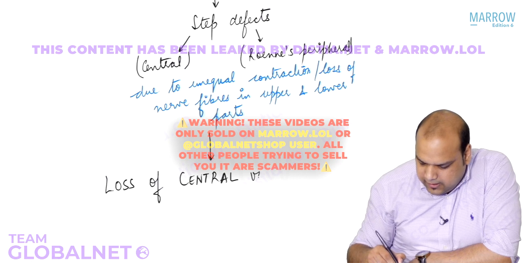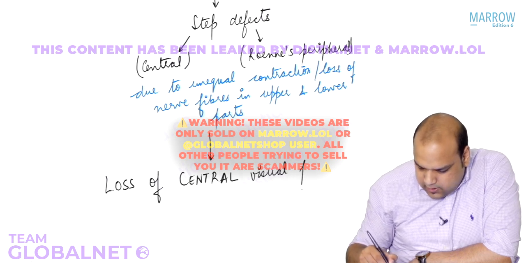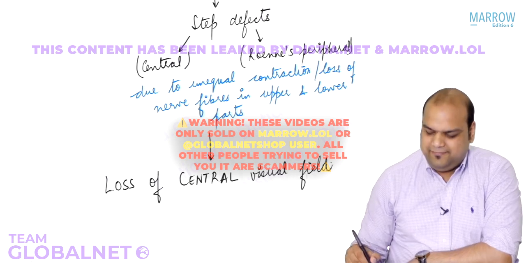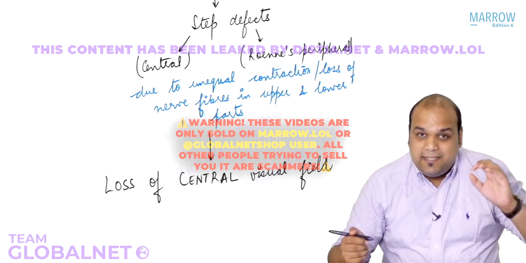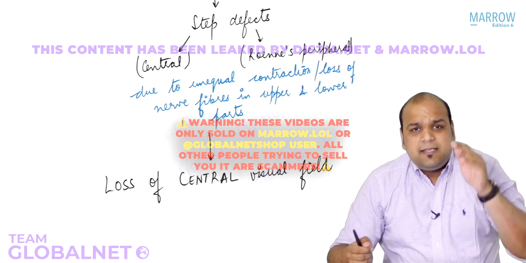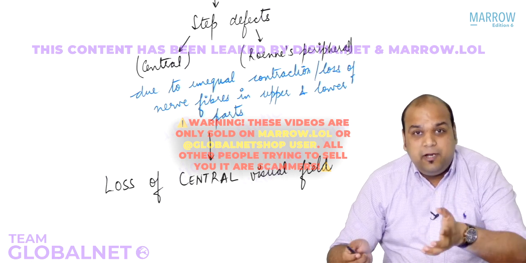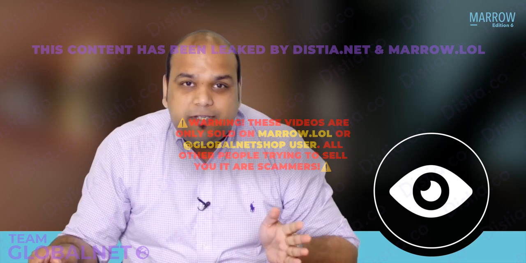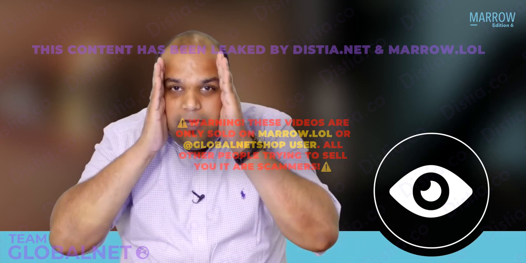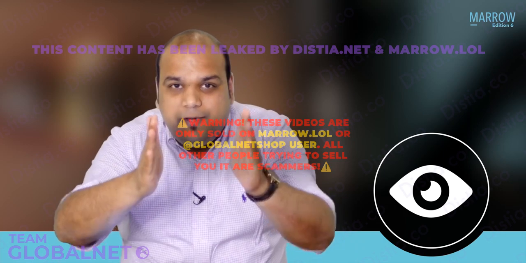Loss of central visual field. So if I now ask you, everybody, as a disease, glaucoma is affecting mainly which visual field? Central or peripheral? Peripheral. And that is why usually the patients do not present to us with loss of vision. Again, as stated, we use normally our central visual field.